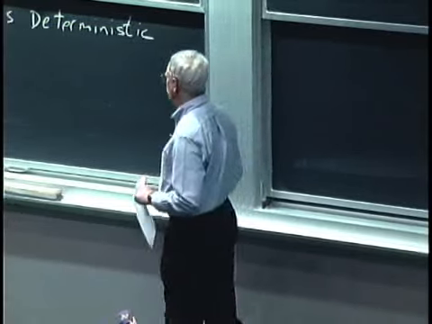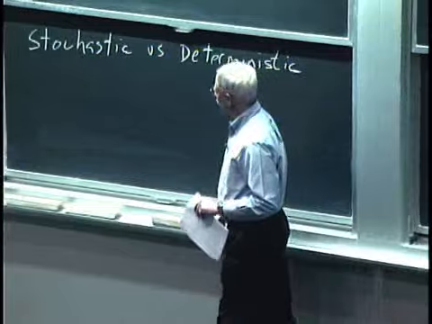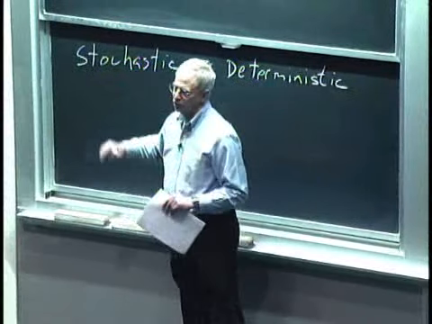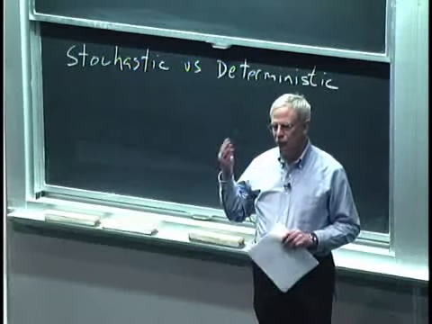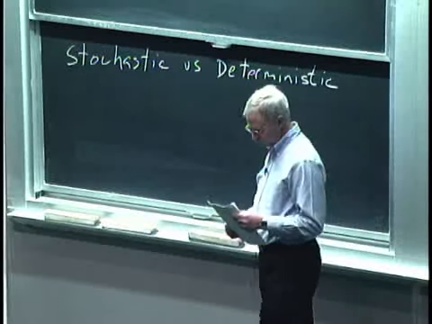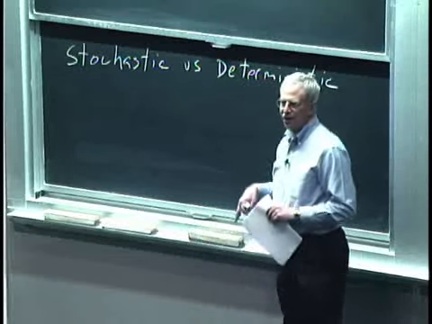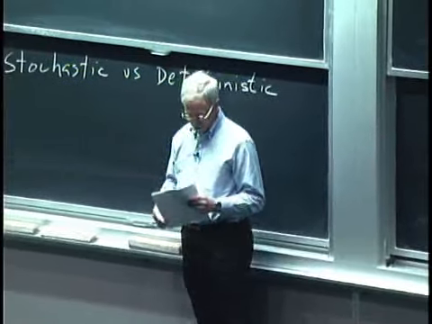And there's a lot of use, as we'll see, for deterministic simulations. And then there's stochastic simulations where the answer will differ from run to run because there's an element of randomness in it. So here, if you run it again and again, you get the same outcome every time. Here, you may not.